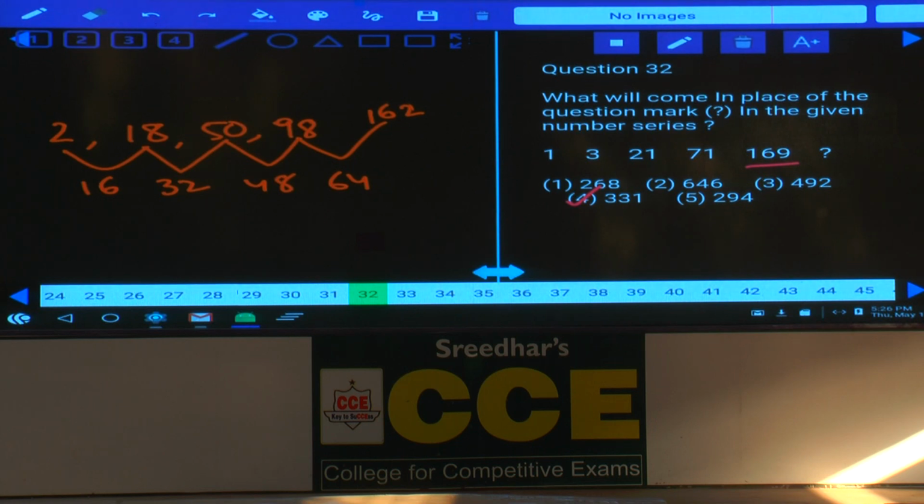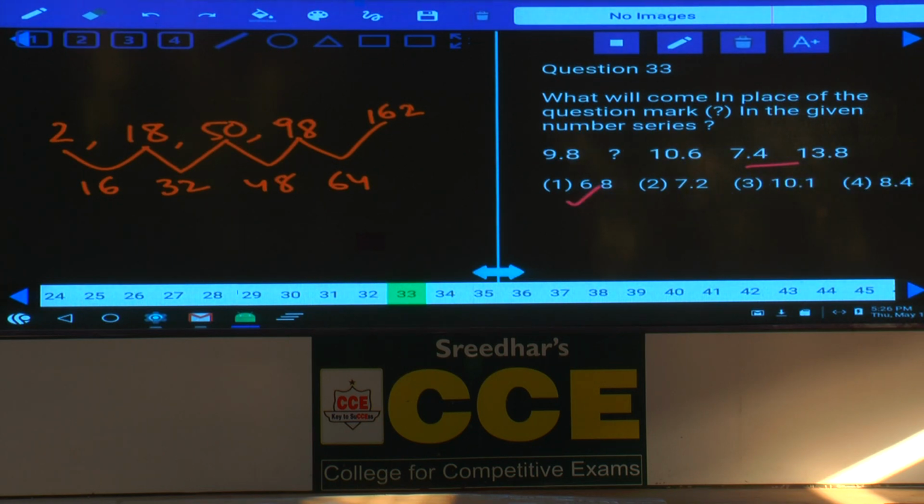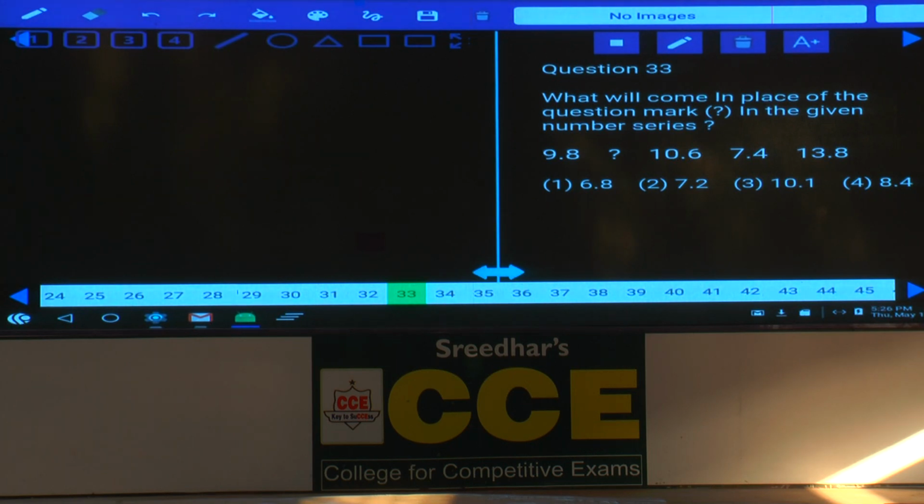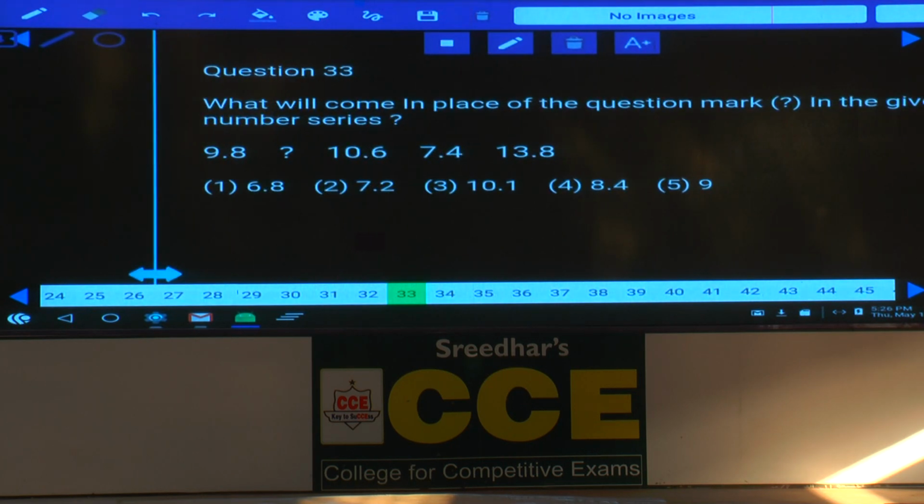Anything else? 33. Now question number 33, 9.8, blank, 10.6 and so on. Whenever there is a single decimal, multiply the numbers with 10: 98, 106, 74 and 138.